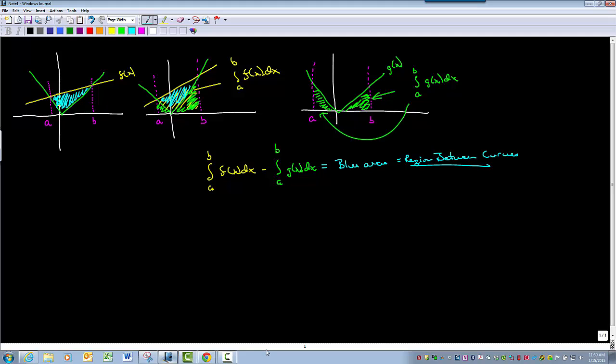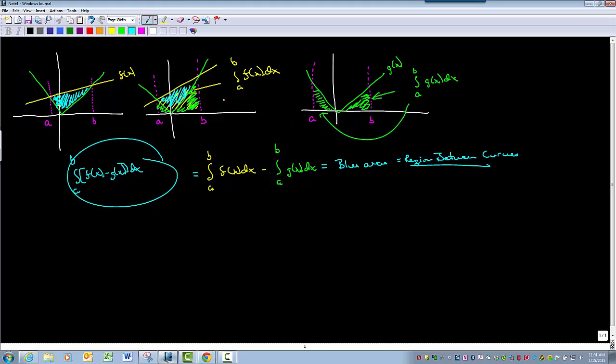That's what we want. Okay, so this, by the way, can be combined to the integral of f of x minus g of x dx. Okay, so this is what we're looking for.